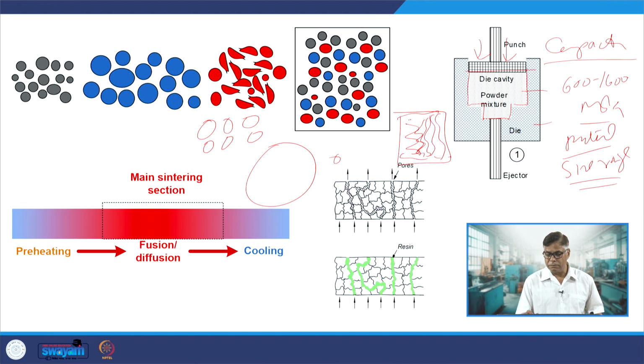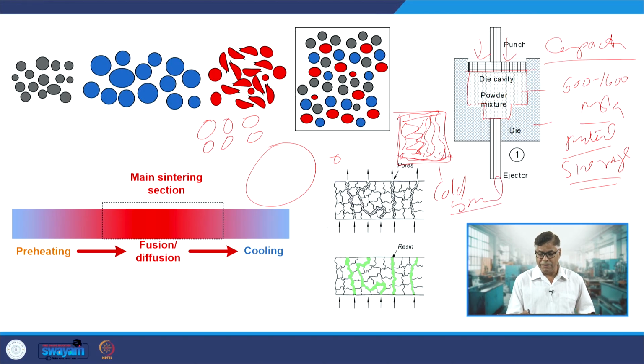Because of this mechanical interlocking happening under cold conditions, we can say cold bonding is taking place. This helps in realizing a product which is close to the shape desired, but it is of low strength, because the bonding happens between the powder particles under cold conditions, primarily due to mechanical interlocking. So, the strength is very less.